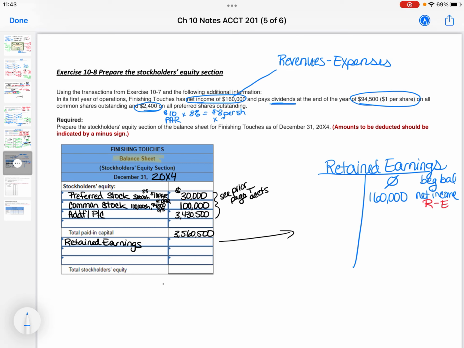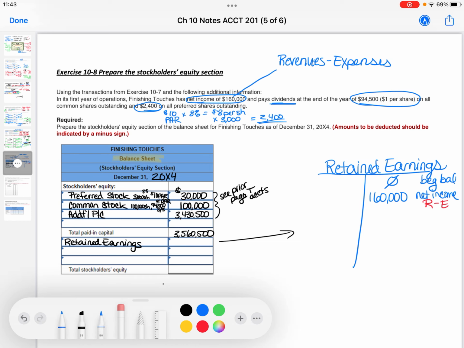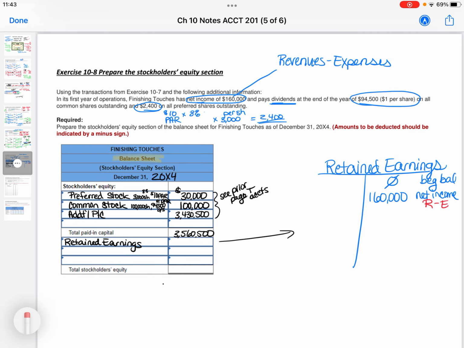And we had 3,000 shares, so that equals $2,400 in total, right? Did I do that right? No, 8% would be 80 cents a share. Okay, that makes sense, right? 10 times 8%. Yeah, it's 80 cents a share. Sorry, let me fix that real quick. Otherwise it doesn't equal, does it? There we go. Okay.